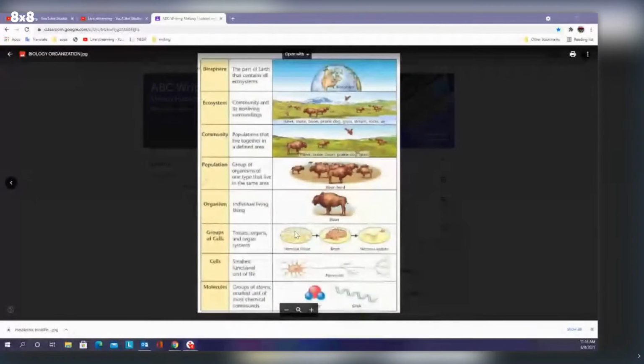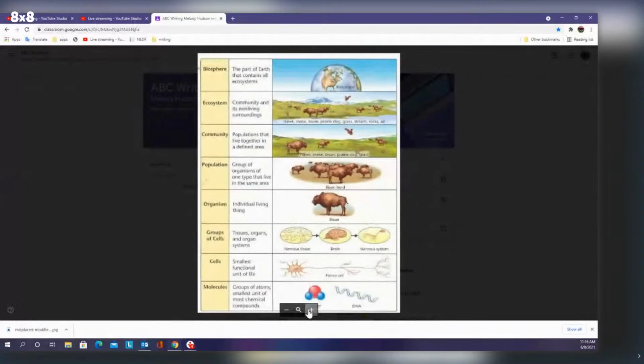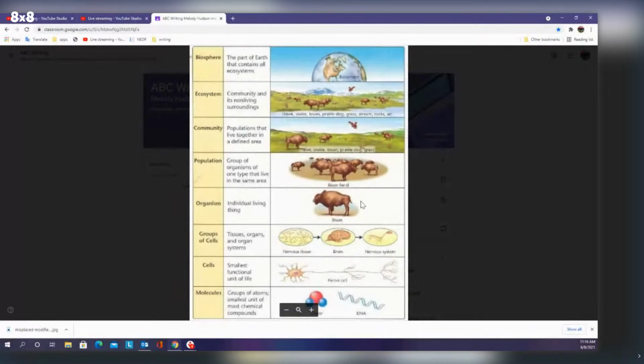So let's take a look first at our chart of how living things are organized within the world. And you don't have to actually learn these concepts today, but you should know this.